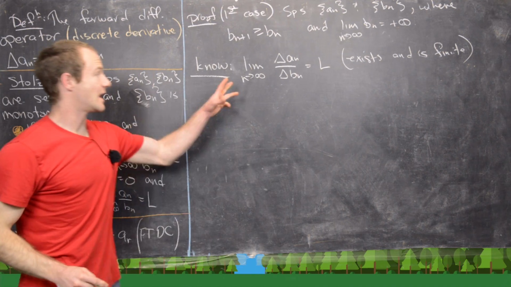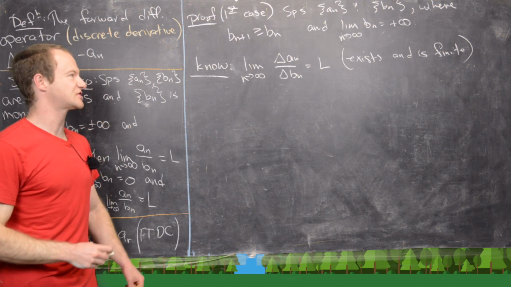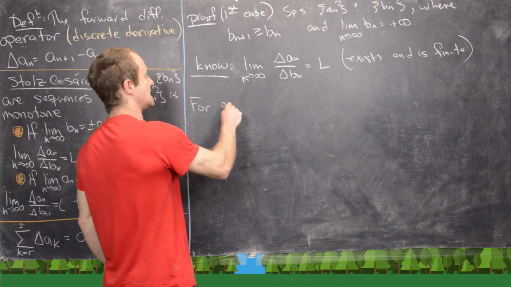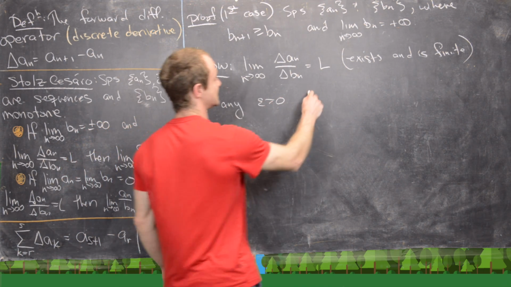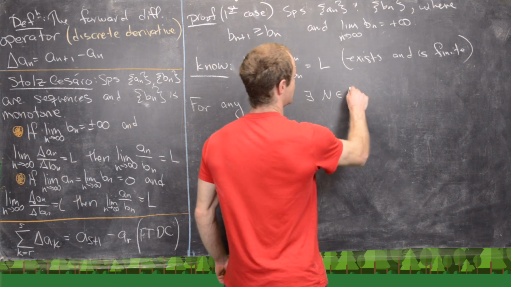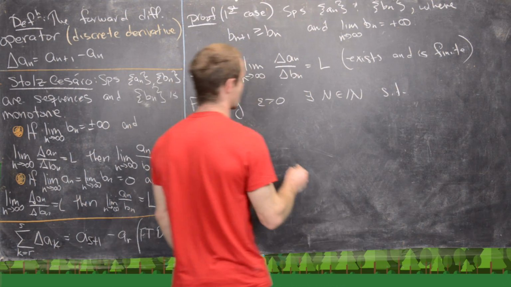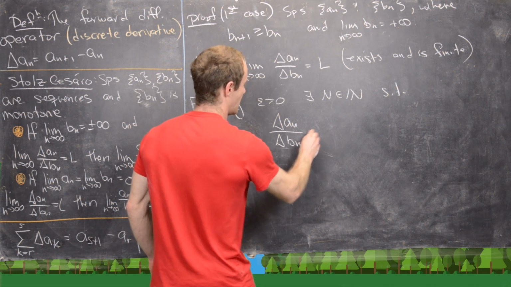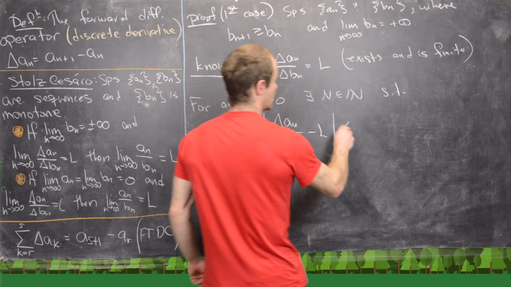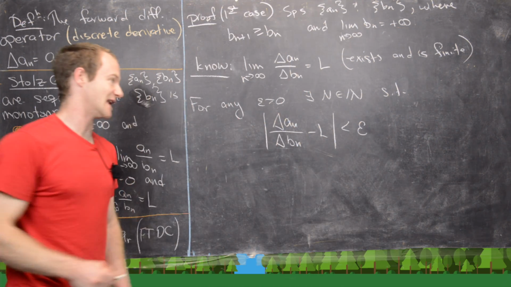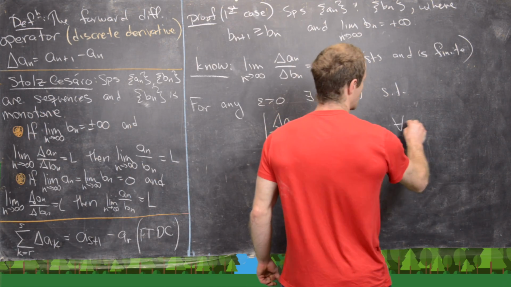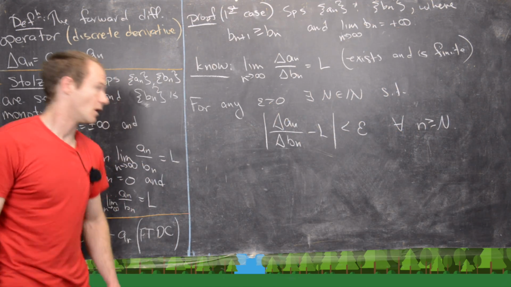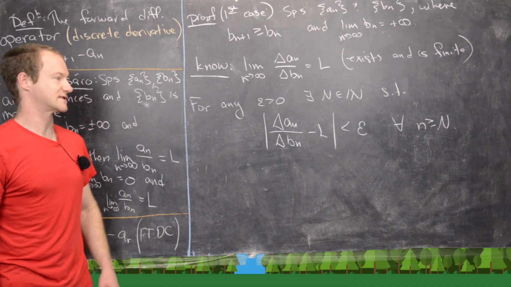Great. By the precise definition of a limit, that means that for any epsilon bigger than 0, there exists some natural number N such that the absolute value of delta a_n over delta b_n minus L is less than epsilon, and that's true for all n bigger than or equal to this special N. Now I want to rewrite this a little bit.